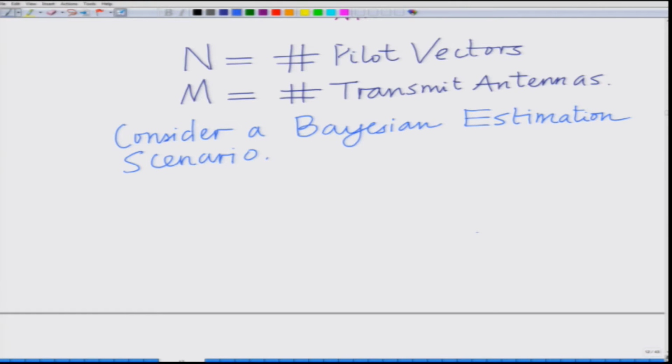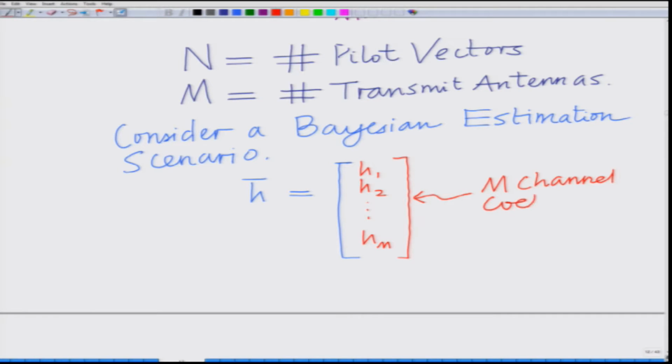In this case, the parameter vector h bar equals h1, h2 up to hM, where these are the M channel coefficients. So h bar is a collection of M parameters.